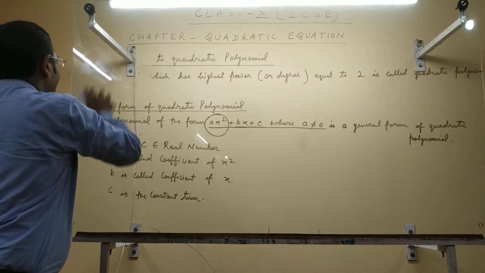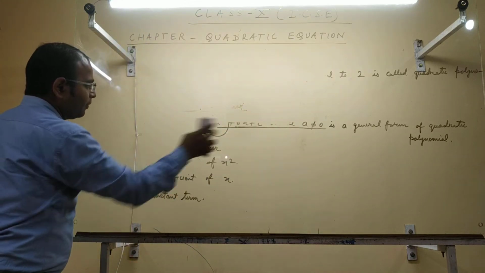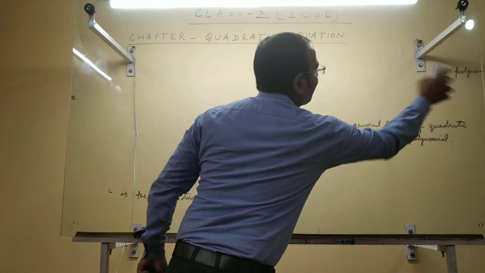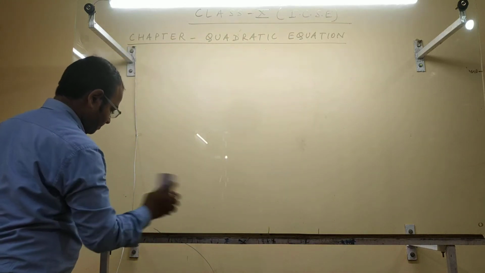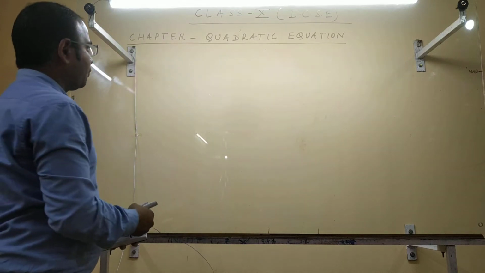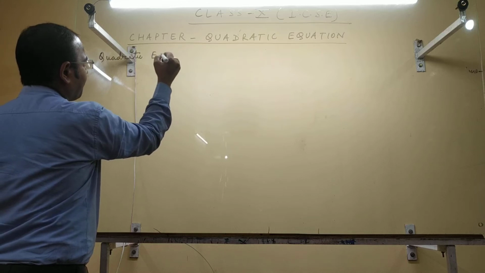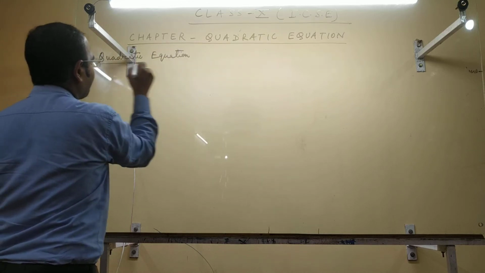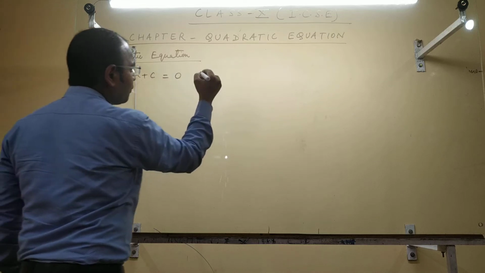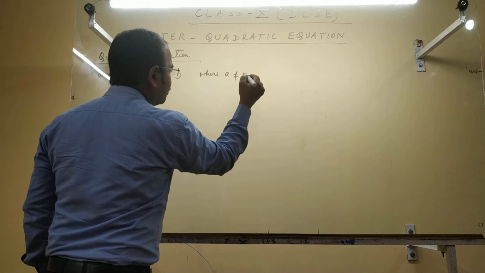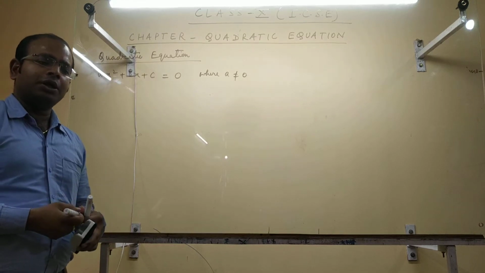So let's discuss the quadratic equation. ax square plus bx plus c equals to 0, where a is not equal to 0, is the standard form of a quadratic equation.